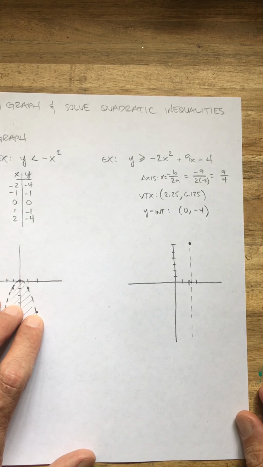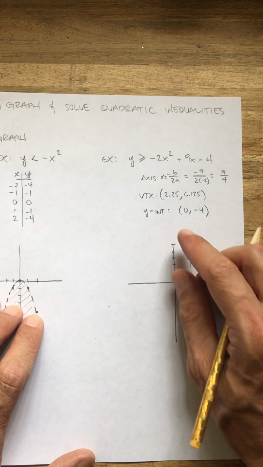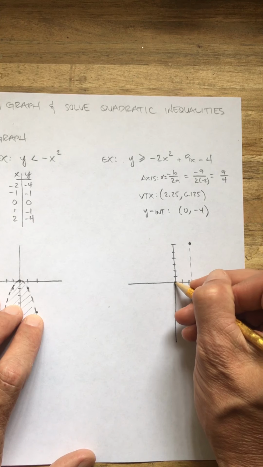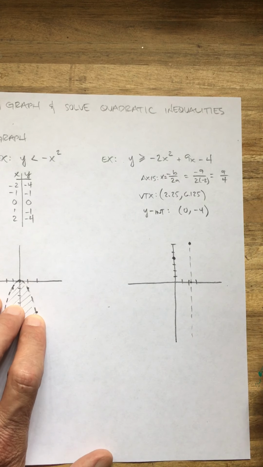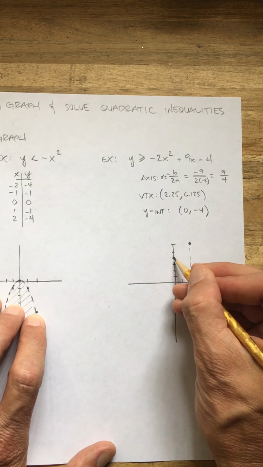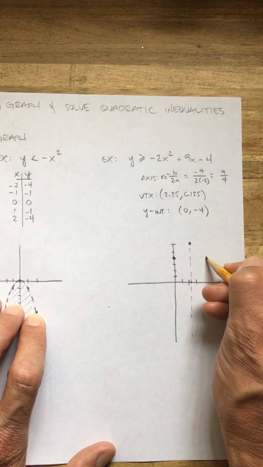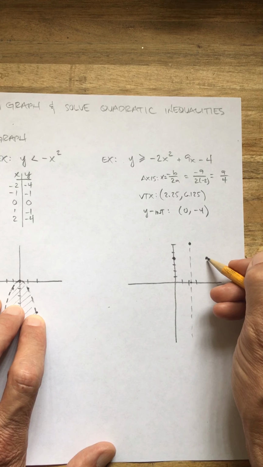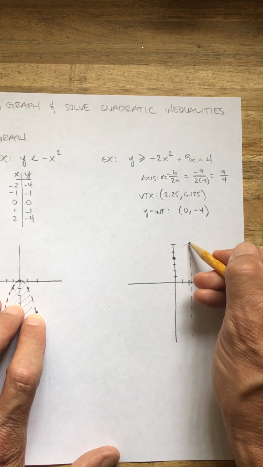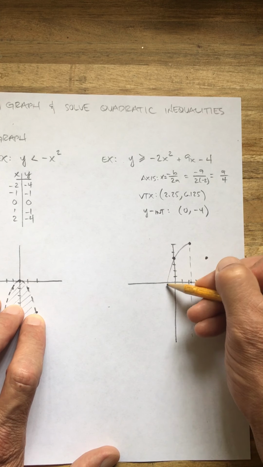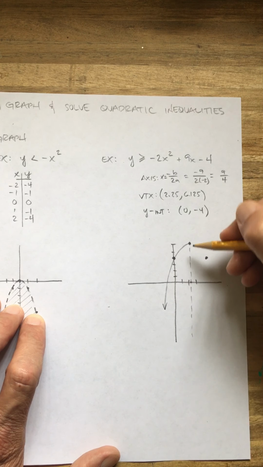Don't overthink it. My y-intercept is 0, -4, so 0, 1, 2, 3, 4. At this point, just eyeball it. Put another point over here because it's symmetrical. I'm not asking you to label this point. Now let's sketch my parabola. It's going to look like this.